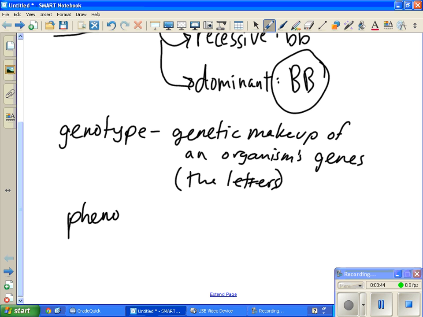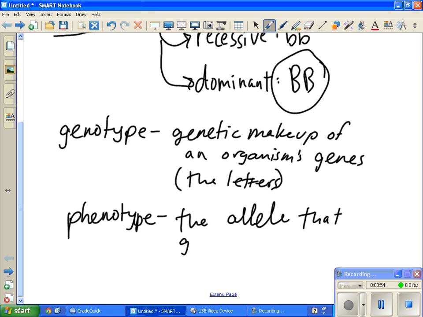Phenotype is the allele that gets expressed. So a phenotype is going to be blue or brown, whatever you can see. So in this case, most of the time when you see a big B and a little b, you're assuming that we're talking about brown eyes over blue eyes.